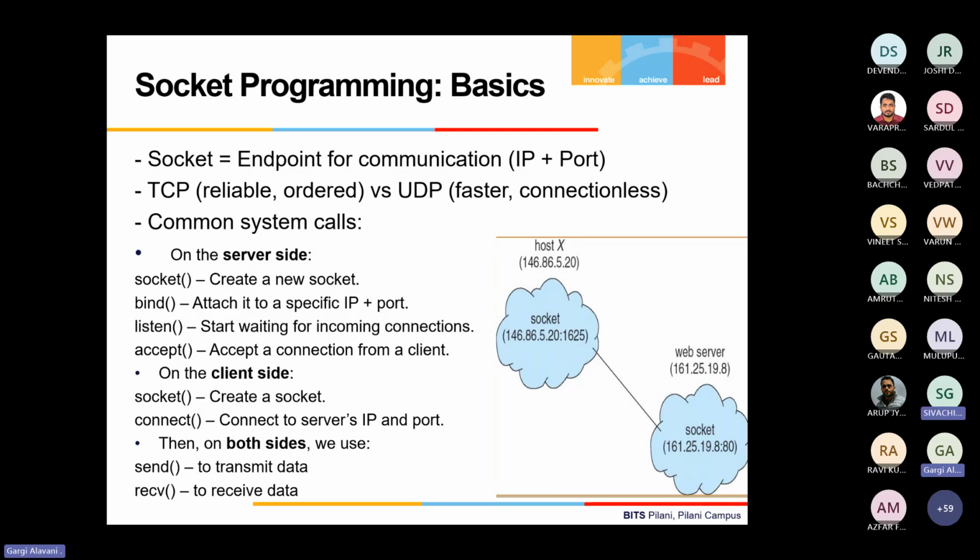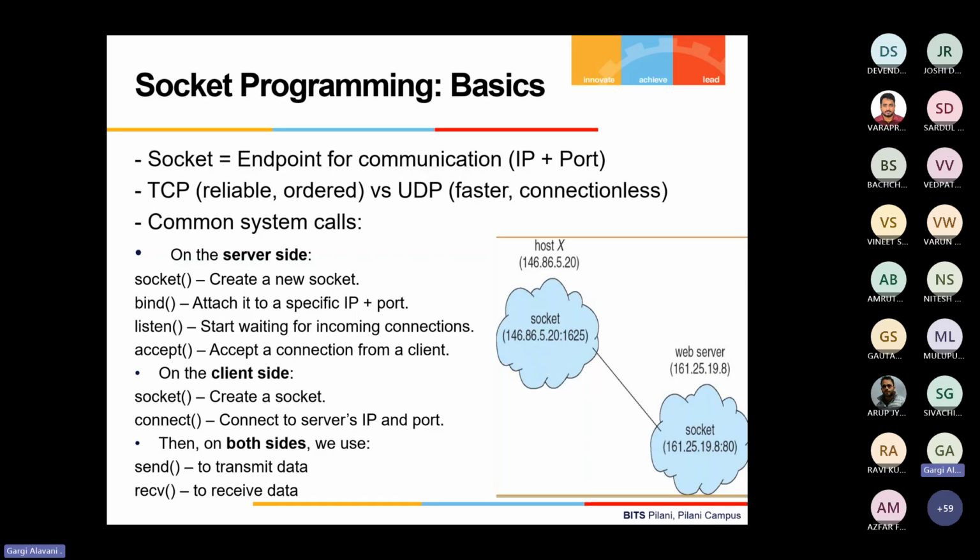So you take the IP address that you need for your socket and attach it to your port. Then there is the function listen, which will wait for an incoming connection. Once you receive the incoming connection, you accept it from the client.